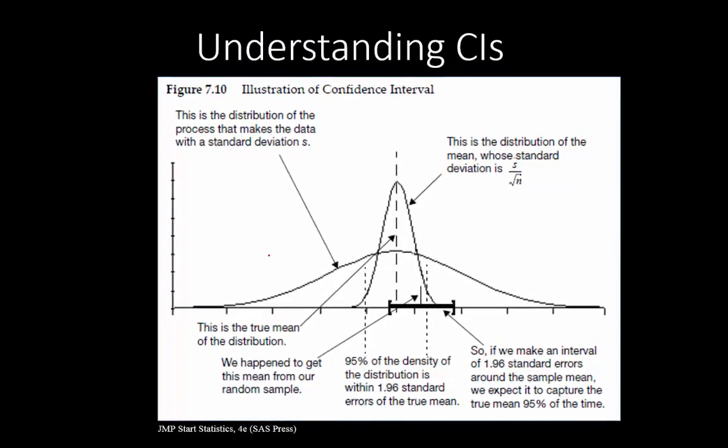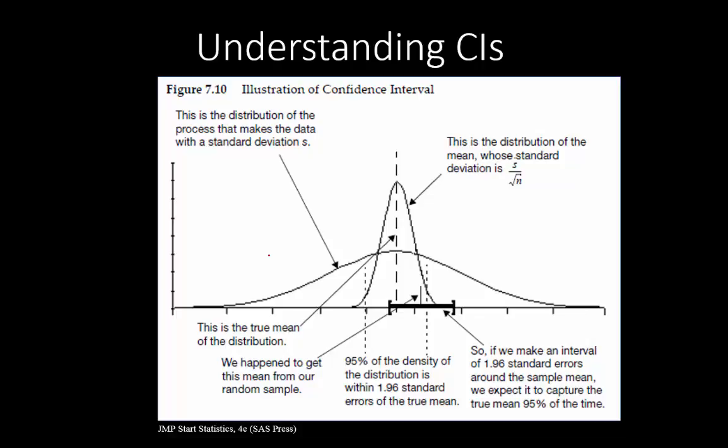Confidence intervals: when we take a sample of data and calculate statistics such as means and standard deviation and so forth, from that sample we know that mean and that standard deviation is very unlikely to be the true mean of that population. We've taken a sample, yes, and from that sample we're computing statistics.